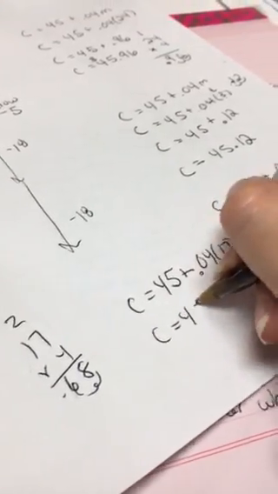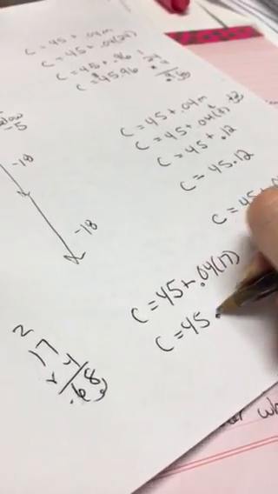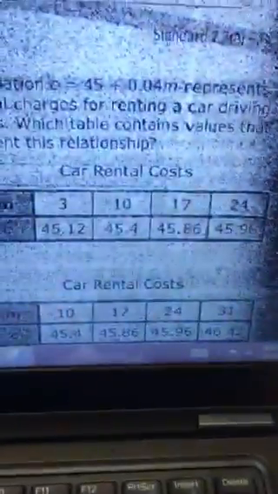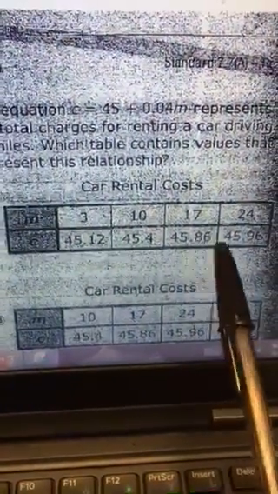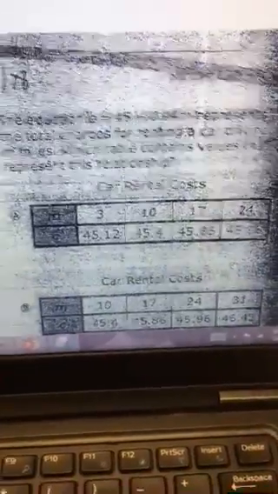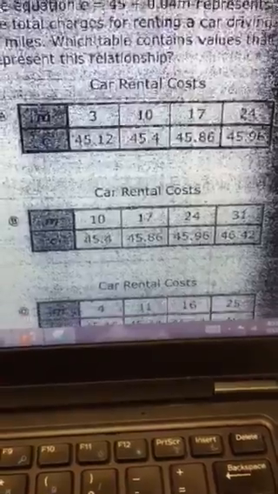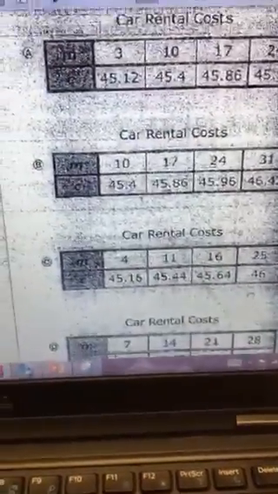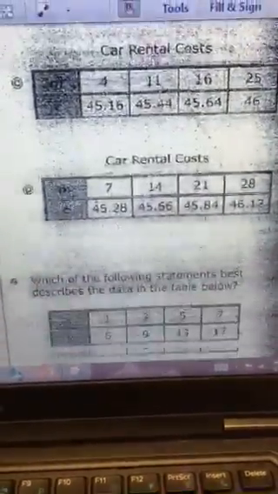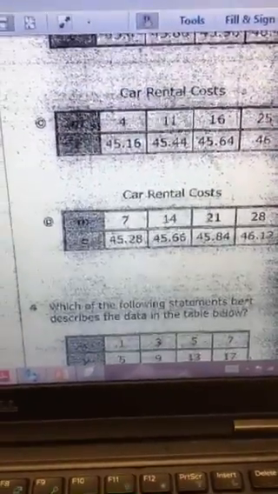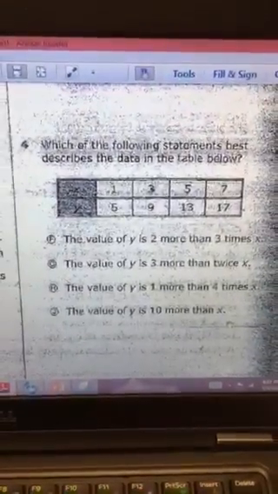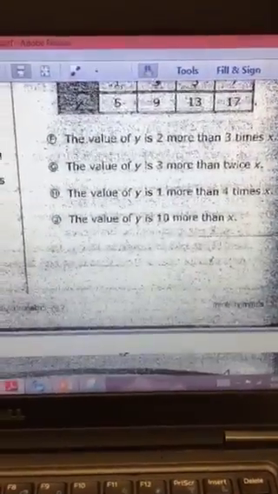C equals $45.68. Okay, so finally, guys, look how they're trying to trick you. We found one that wasn't correct. So A isn't the correct answer. So do the same thing I've been modeling for you to figure out if it's B, C, or D. Once you've done that, go ahead and continue to work on the rest.